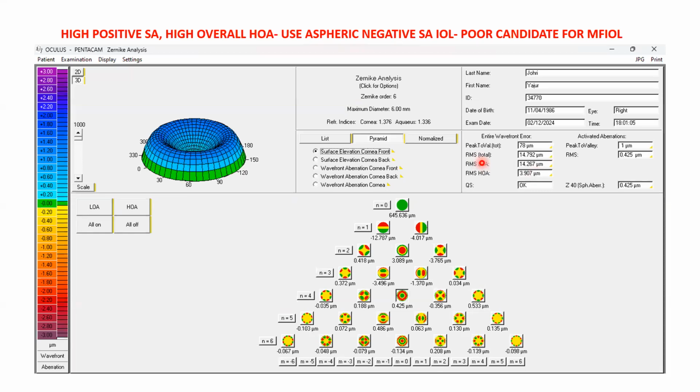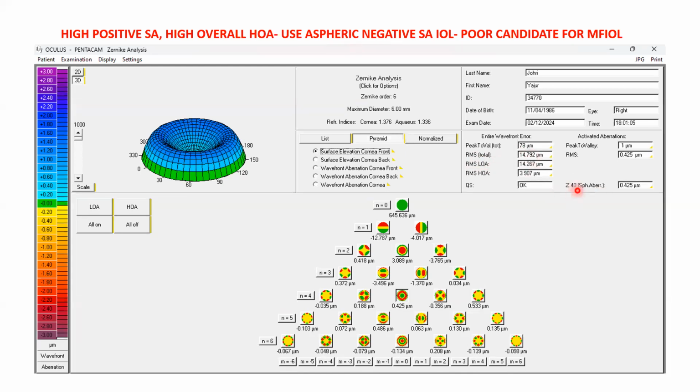To put it in perspective, if we see an RMS value above 0.4, we consider it to be a highly aberrated cornea and we straight away go for a topo-guided treatment rather than a normal femtoLASIK. So this value is 14.